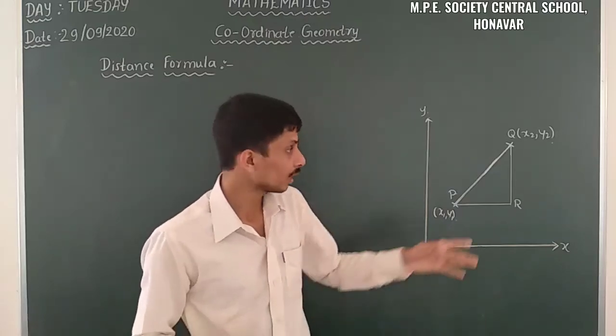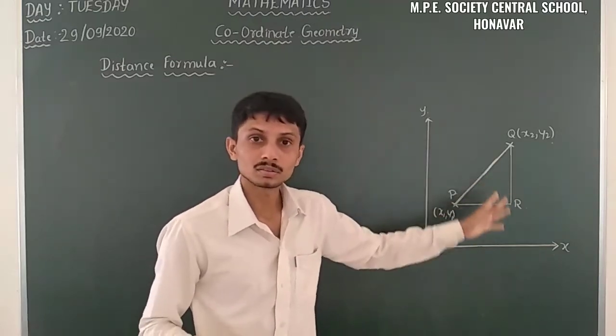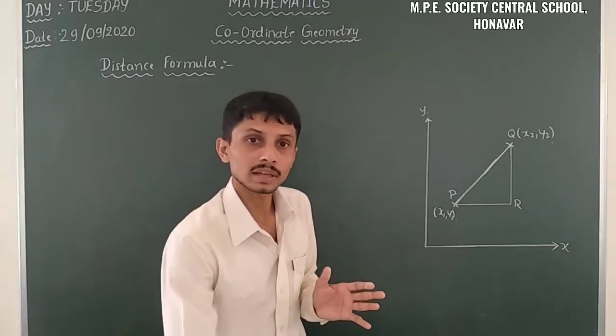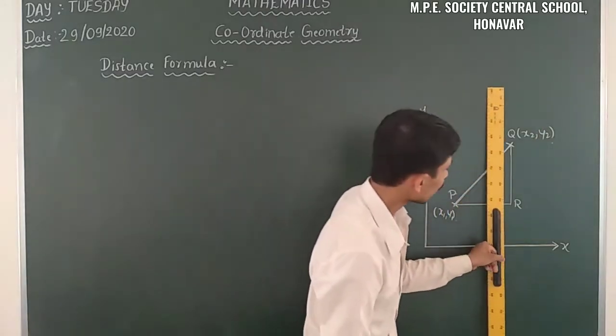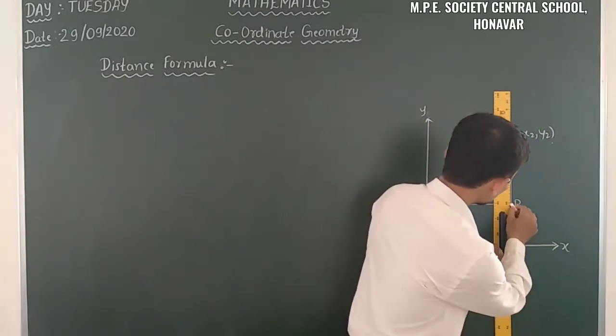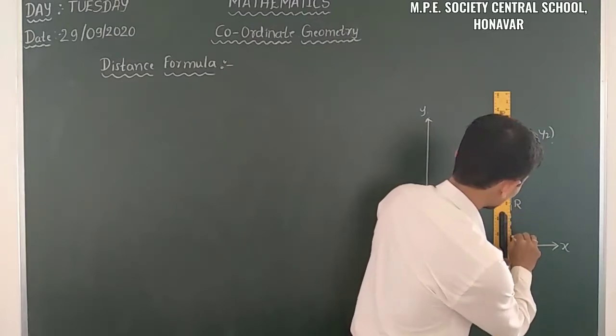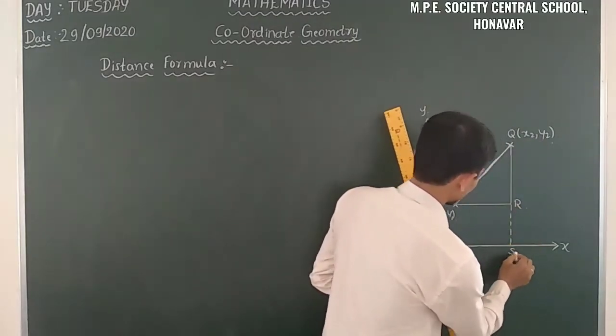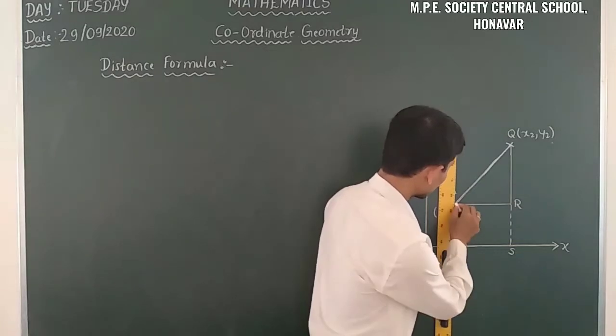So that's why we have to extend those lines up to the axes. Here I will extend QR up to here, and here also we have to extend.